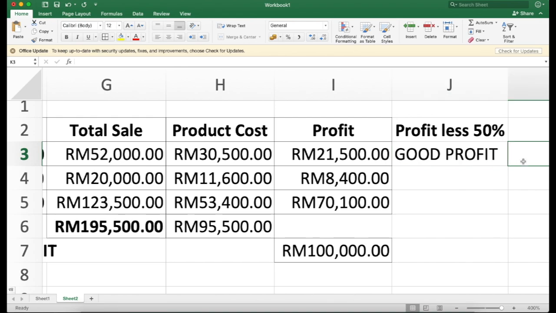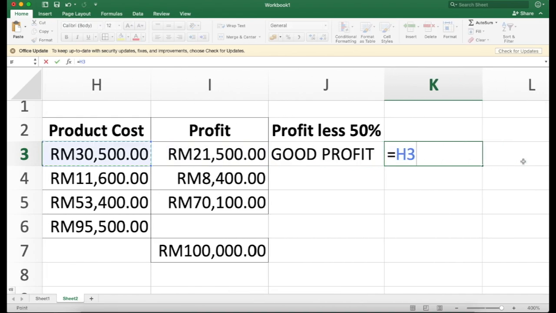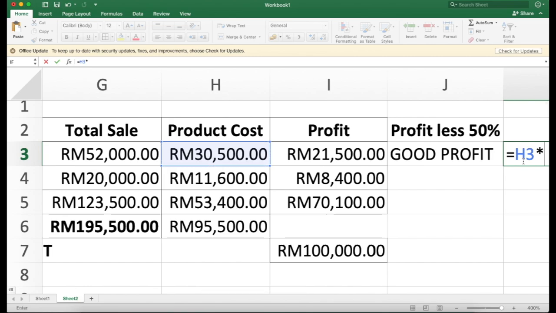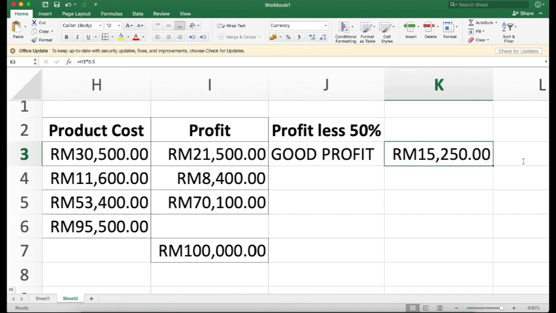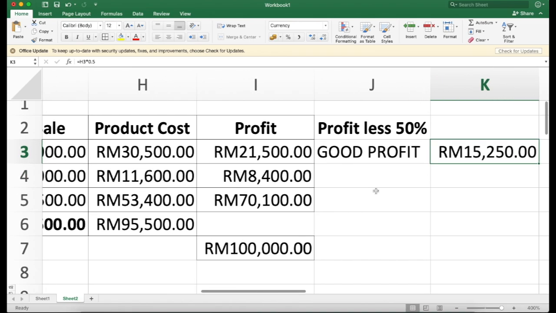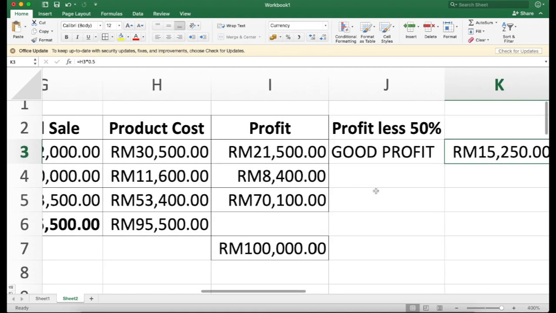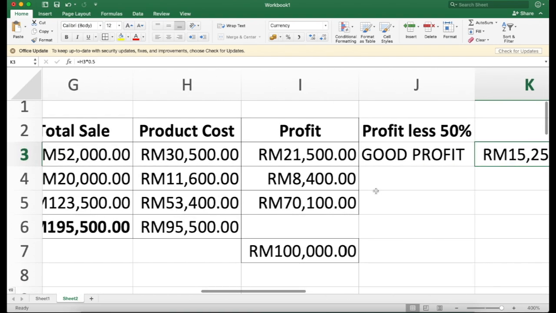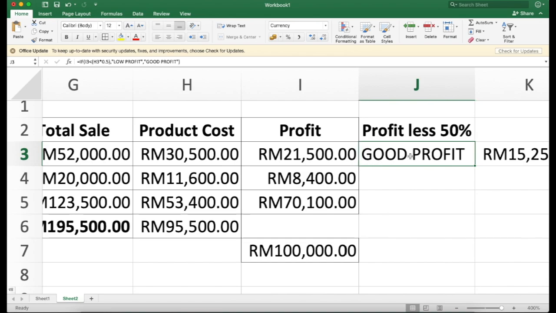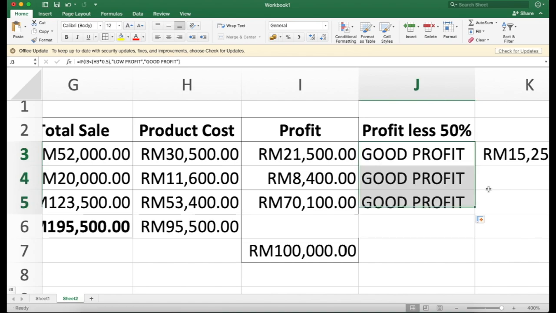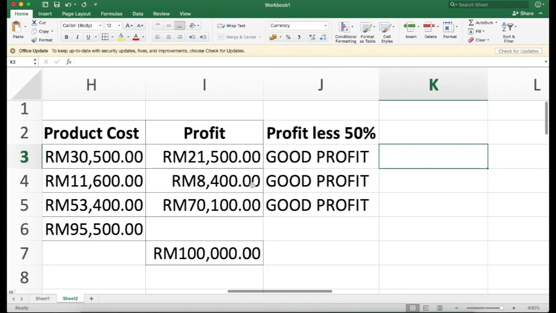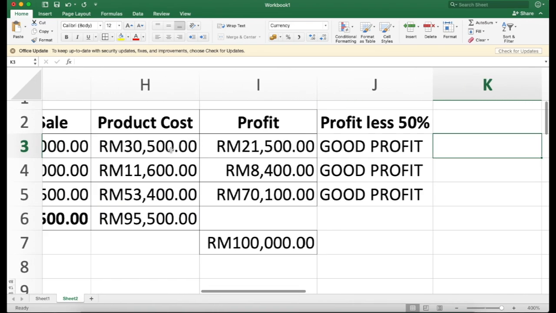So berapa sebenarnya untuk cost? 0.5. 15,000. Kalau dia kurang daripada 15,000, barulah kita kata sebagai low profit. Semua good profit. Maknanya melebihi daripada product cost.